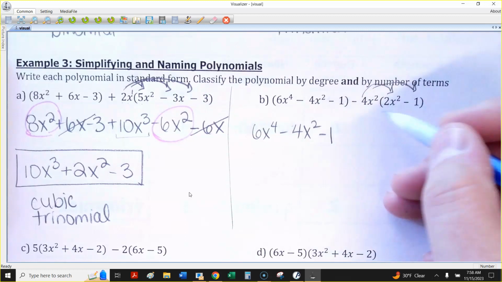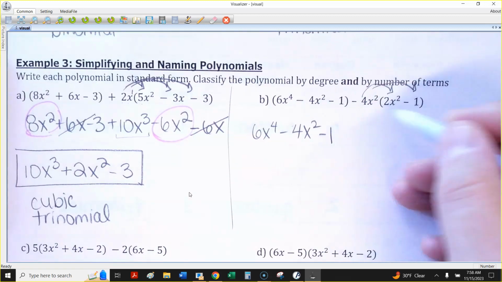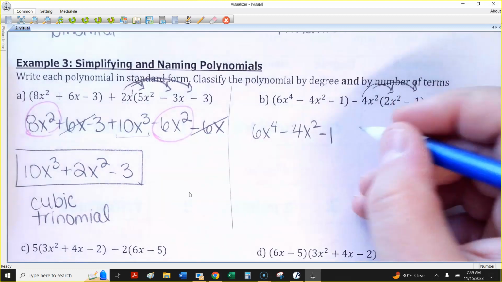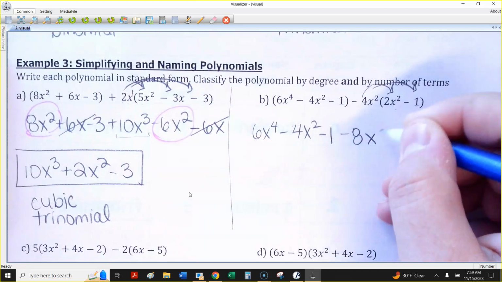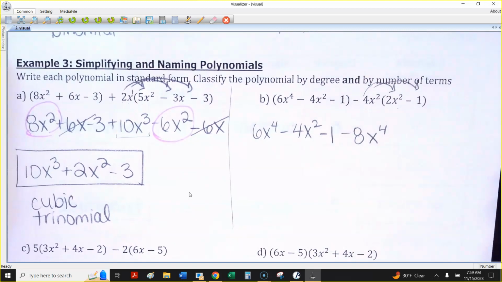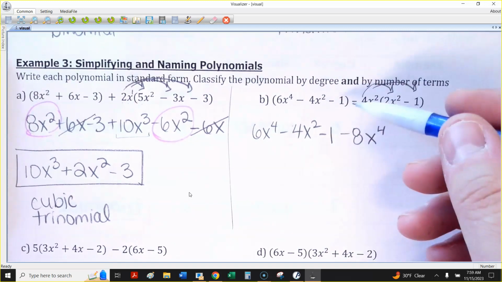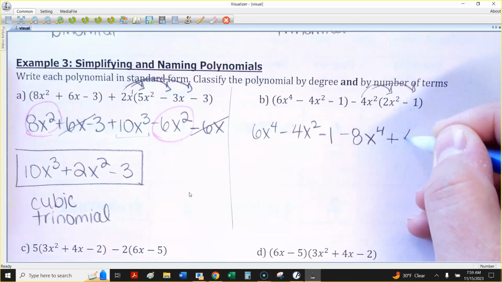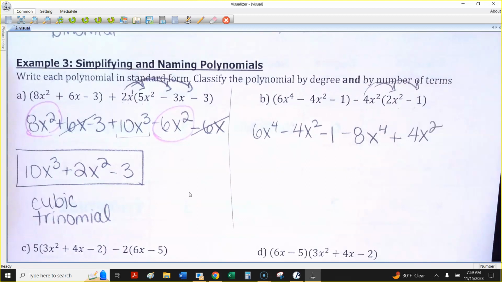If I take negative 4x squared times 2x squared, what would that become? Perfect. Negative 8x to the fourth, 2 and 2 adds up to 4. And then negative 4x squared times negative 1, negative times negative turns into a positive, so that would be plus 4x squared.